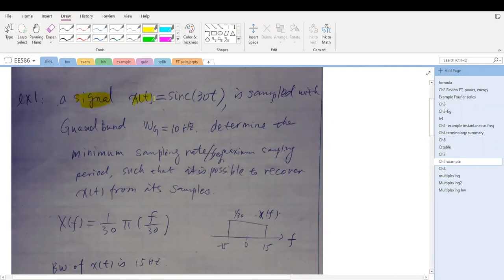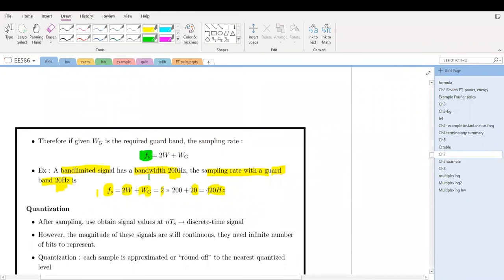A signal x(t) equals sinc(30t) is sampled with guardband WG equals 10 Hz. Determine the minimum sampling rate or the maximum sampling period such that it is possible to recover x(t) from its samples. The minimum sampling rate Fs equals the Nyquist rate plus WG, that's the guardband.